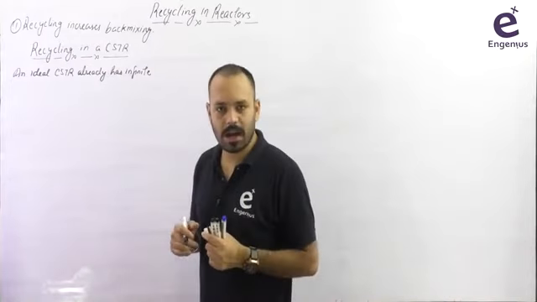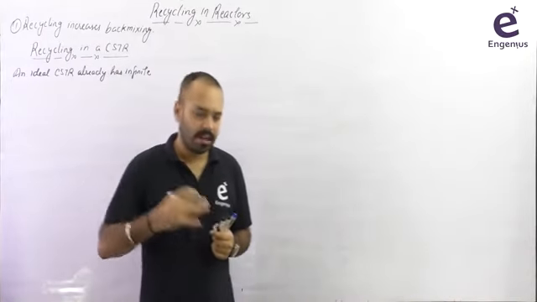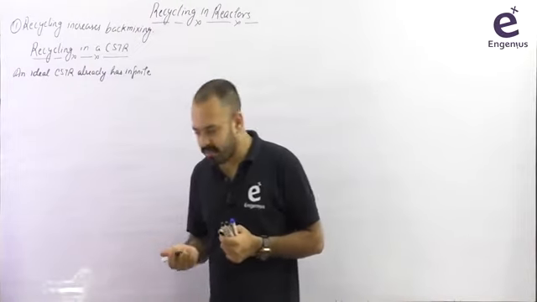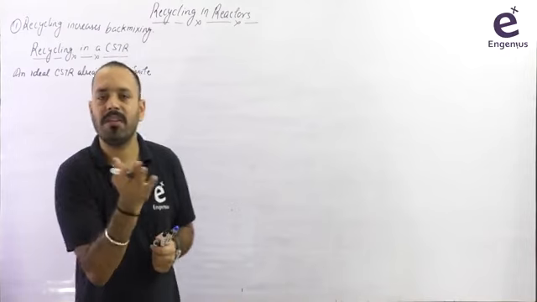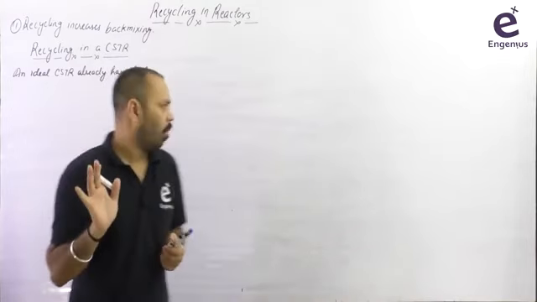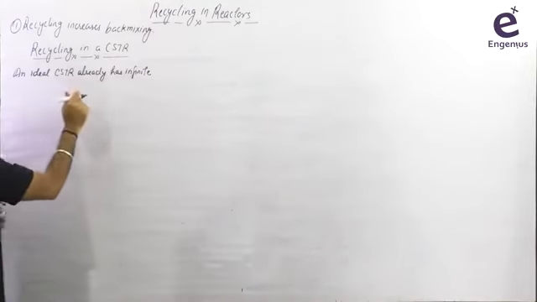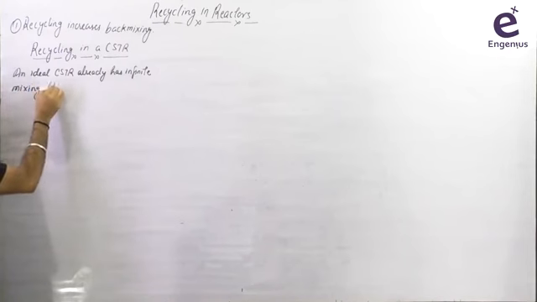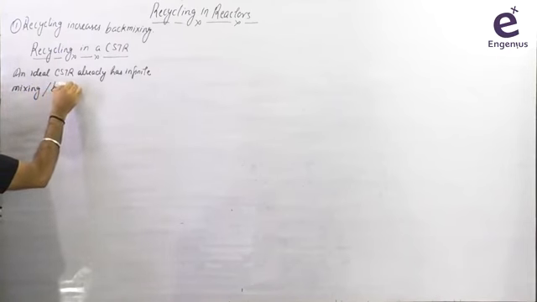You know that in a CSTR, the concentration values inside the reactor are constant and at lower values. While what happens in a PFR? In a PFR, there is a gradual decrease because there is no mixing. So an ideal CSTR already has infinite mixing or infinite back mixing, you can say.